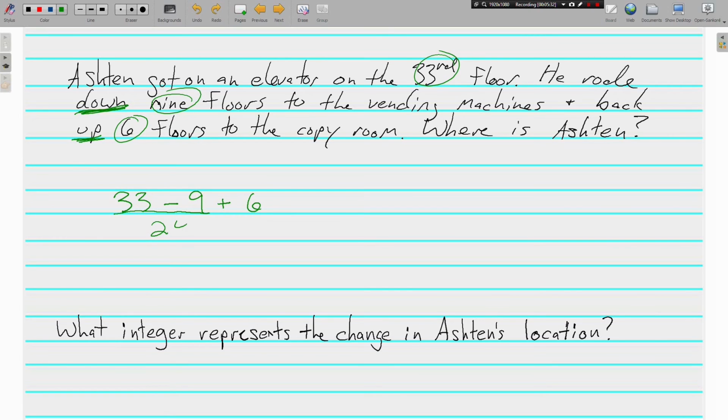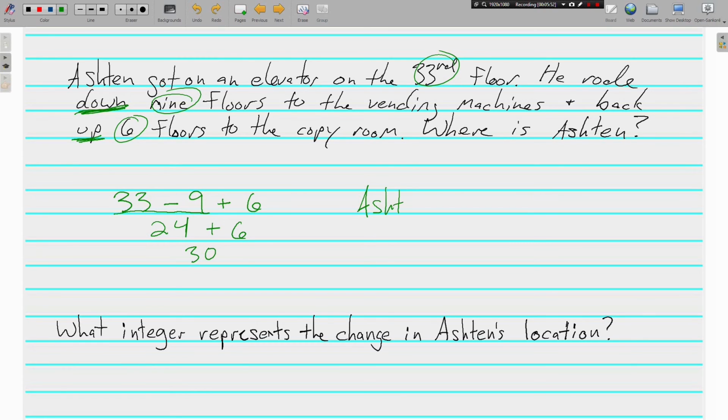Showing our work here. And then 24 plus 6 is 30. 30 is not the answer, because the question is, where is Ashton? He's 30. Not specific enough. We need a good sentence answer.